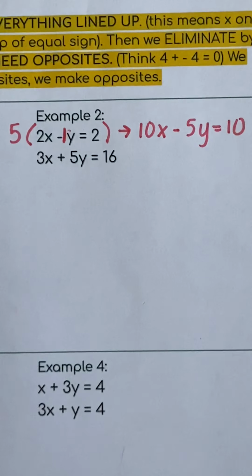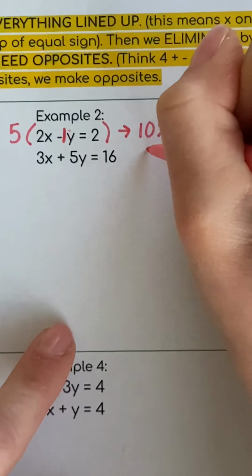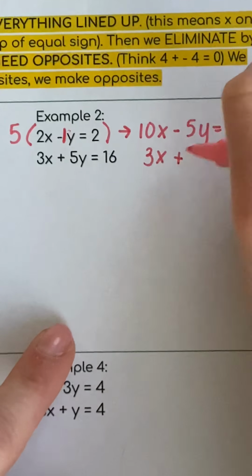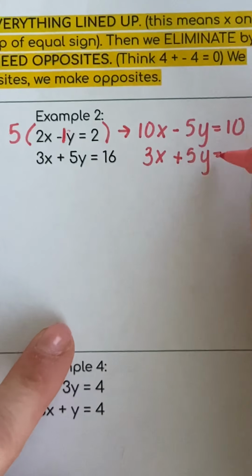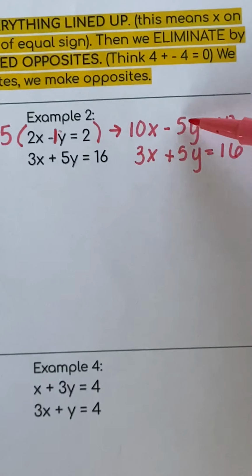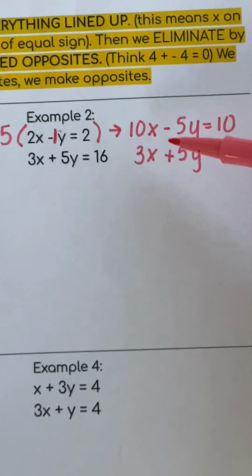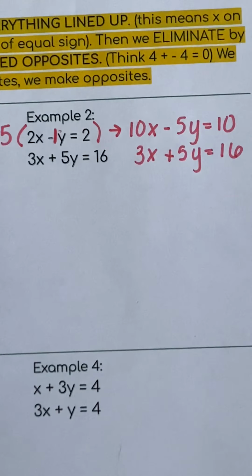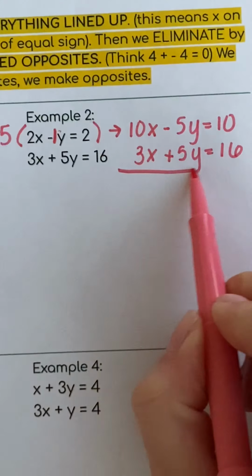So I have a new top equation. Remember, everything needs to be lined up, so I'm also going to rewrite that bottom one, which was 3x plus 5y equals 16. And we have 5 and 5, so that's good. And we have a negative and a positive, so we don't have to change anything, so we can proceed. So I put my line down.